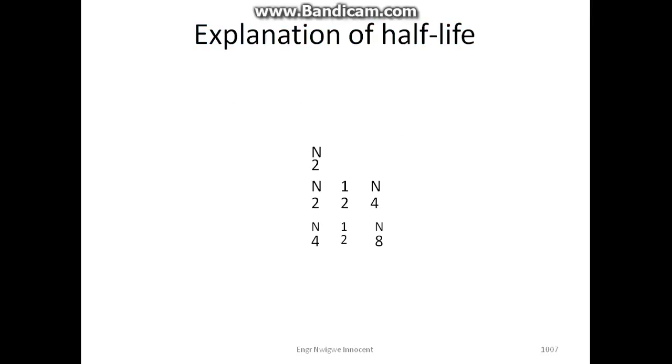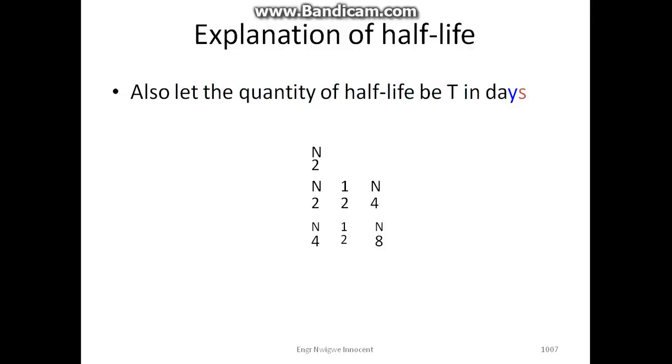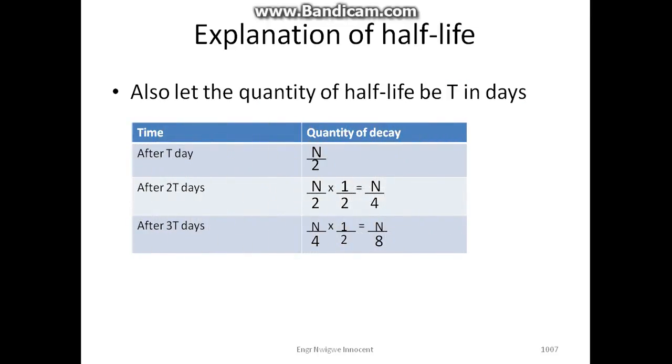Explanation of half-life. Let the quantity of half-life be T in days. After T days, quantity of decay is N over 2. After 2T days, quantity of the decay is N over 2 times half, which equals to N over 4.